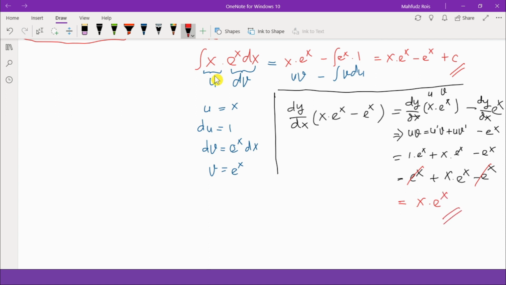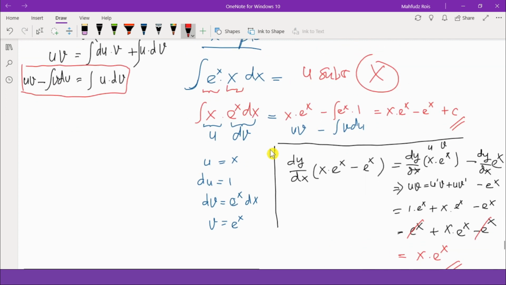So dy is x times e to the x dx. So it is the same, right? It's just the reverse operation between integration by parts and the product rule of differentiation.